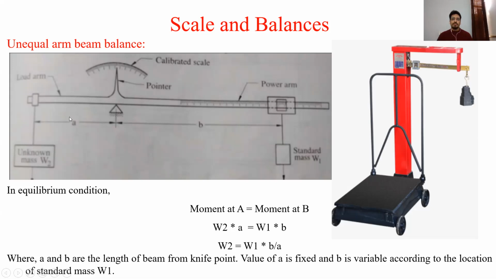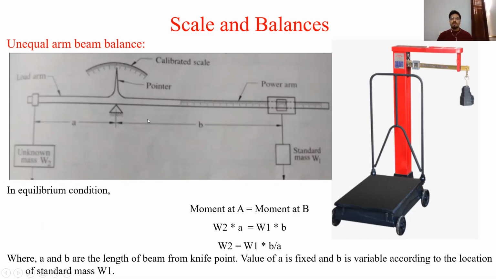So A remains fixed and W1 remains fixed. Only the variable quantity is B. If we adjust the weight in such a way that we get the equilibrium condition with respect to this unknown mass, then we can know the value of W2. So B is the variable quantity which controls the equilibrium condition of the unknown mass.